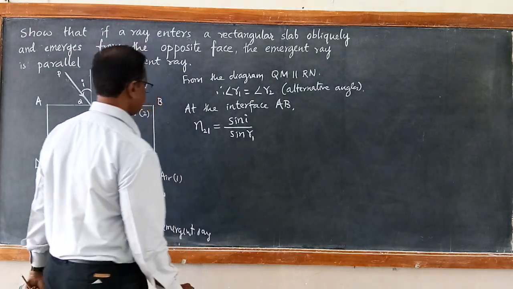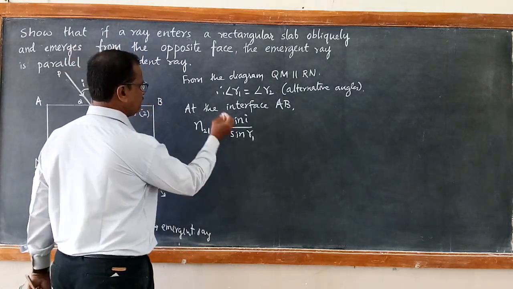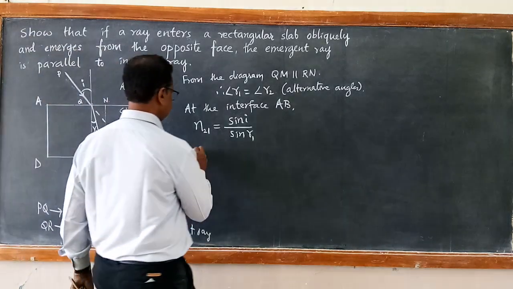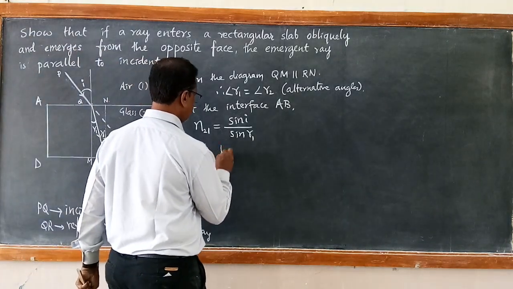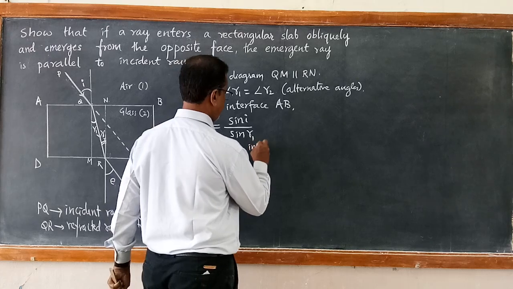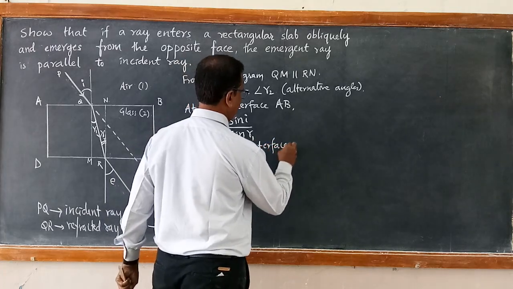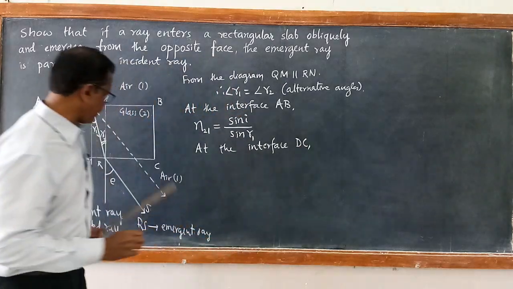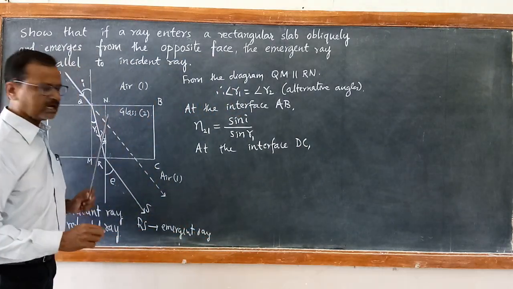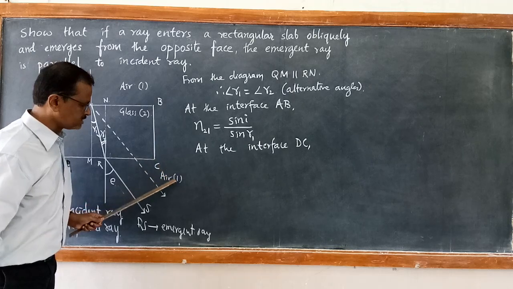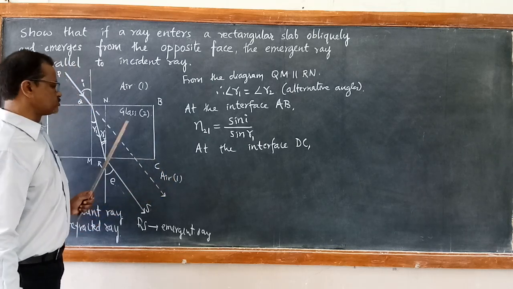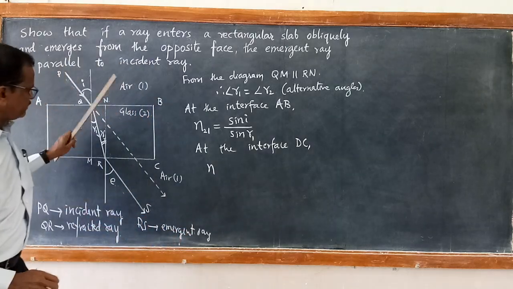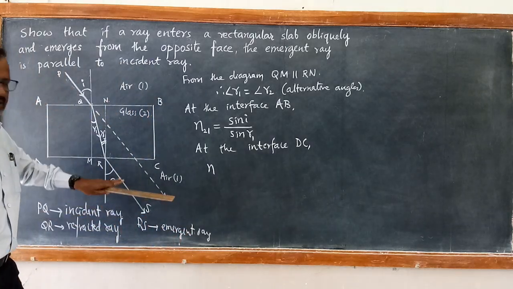Next, you see, add another interface. Another interface is DC. At the interface CD or DC, I can define the refractive index of air with respect to glass, or refractive index of 1 with respect to 2. Because the ray is entering from denser into rarer, it bends away from the normal.